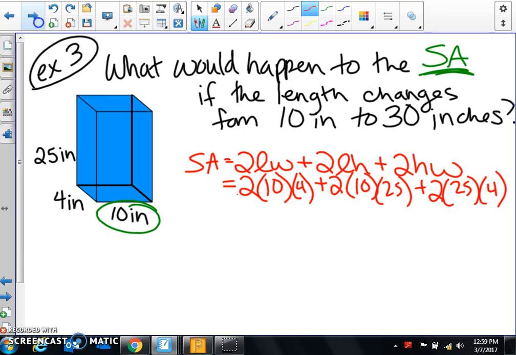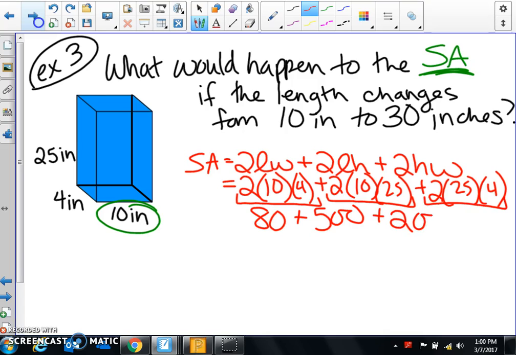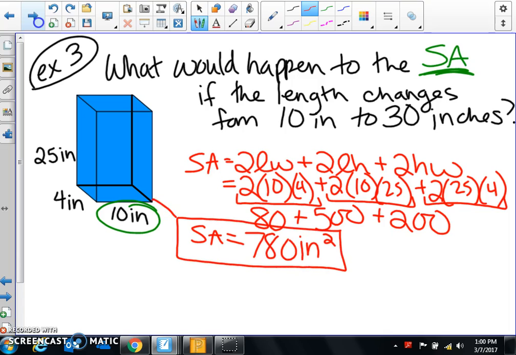Then we'd break it up like we always do. That would give us 80, 500, and 200. And then we would add it up. So that's 780 inches squared. That's just our original. That's how much this one is.